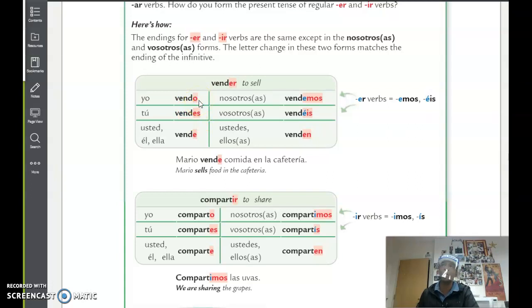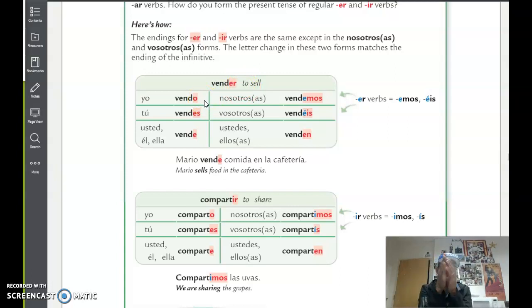Now notice that in the yo form, just like AR verbs, nothing changed, right? Hablar, how do you say I speak? Yo hablo, right? You get rid of AR and put the O. How do you say I sell? To sell is vender. You get rid of the ER and put in the O: yo vendo. So there really is not a change there, yeah?